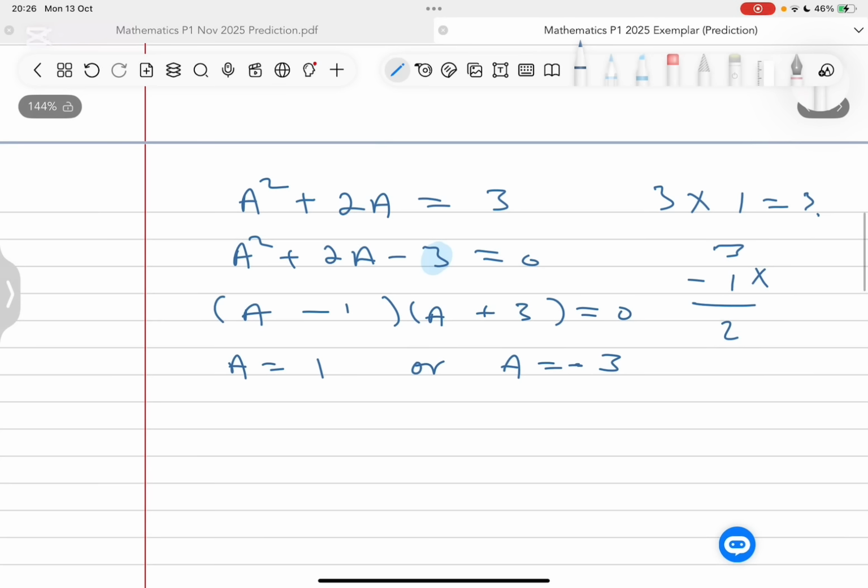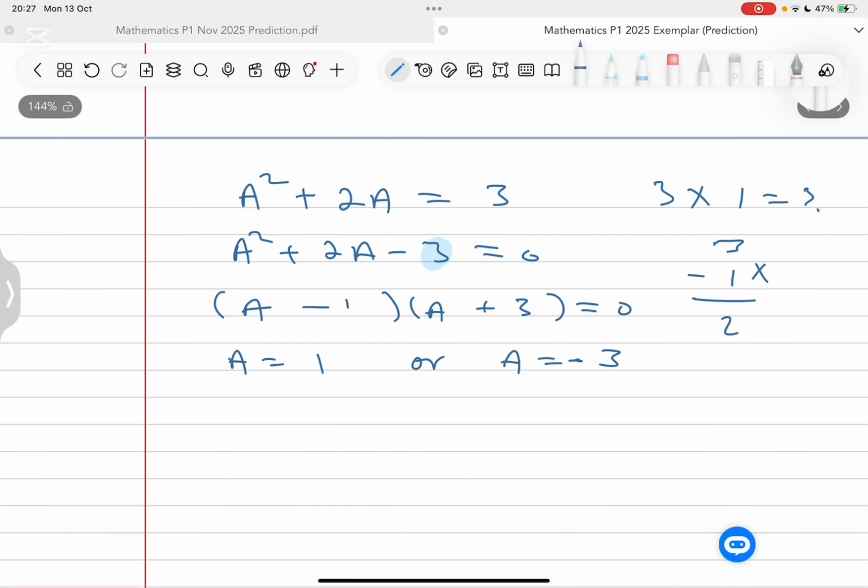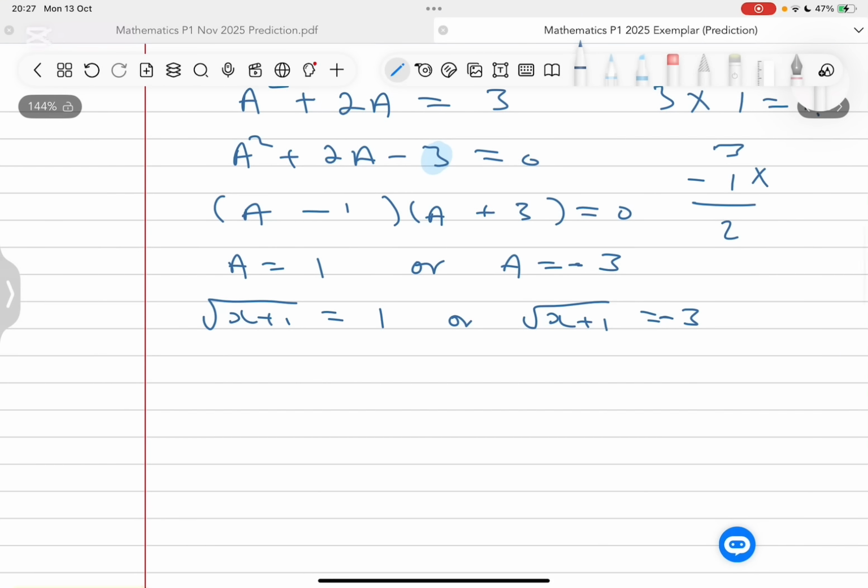Now at this stage, I'll then go back and bring what a is. So I'm going to bring that back to say here I'm having root of x plus 1 equals 1, or I'm going to have root of x plus 1 equals negative 3. Now before I go any further, I just want to focus on this side here to say we know from our knowledge of mathematics that it is not possible to take a square root and get a negative number.